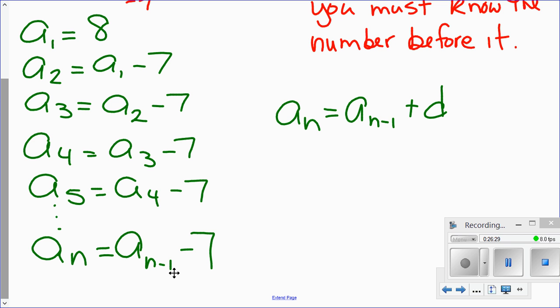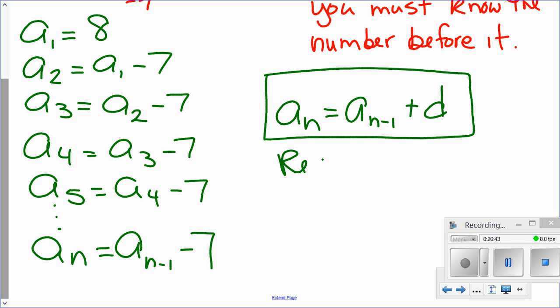Okay? So this is our recursive formula. It says you have to know the number in front of it to get the number you want. I can't just give you any n like I could with the explicit formula. So this is the recursive formula.